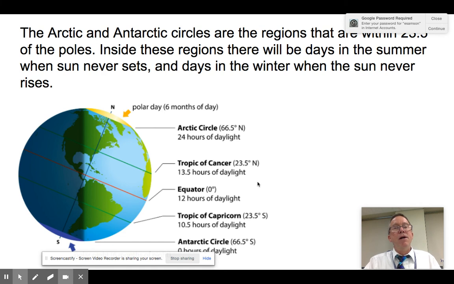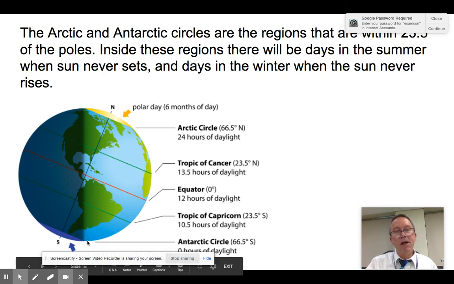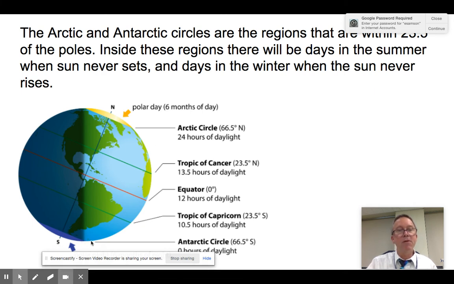Now, there are certain regions of the globe that have names indicative of the amount of light they get during the day, where the sun is going to be. So let's start with this. If you start at the North Pole and move 23.5 degrees away from the pole, you get what's called the Arctic Circle. And if you move 23.5 degrees towards the equator from the South Pole, you come across what's called the Antarctic Circle.